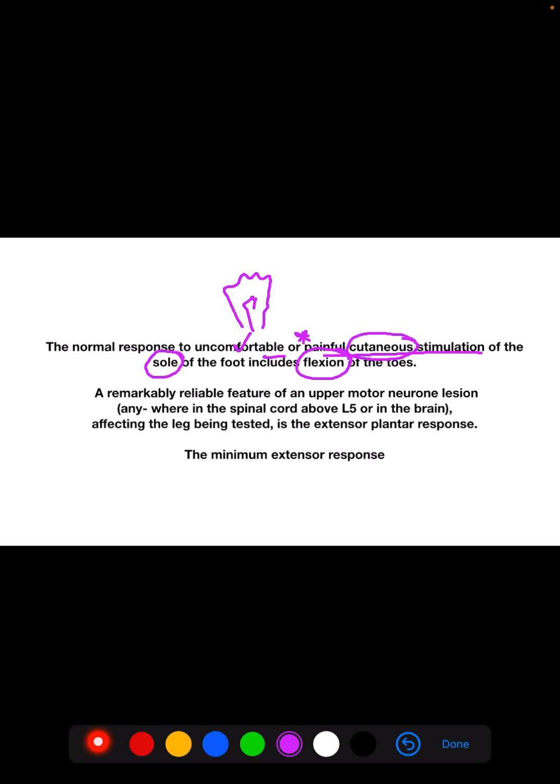But what happens in upper motor neuron lesion, that is, if the corticospinal tract is involved, above L5 or somewhere in the brain? In upper motor neuron lesion, the plantar will be extensor.